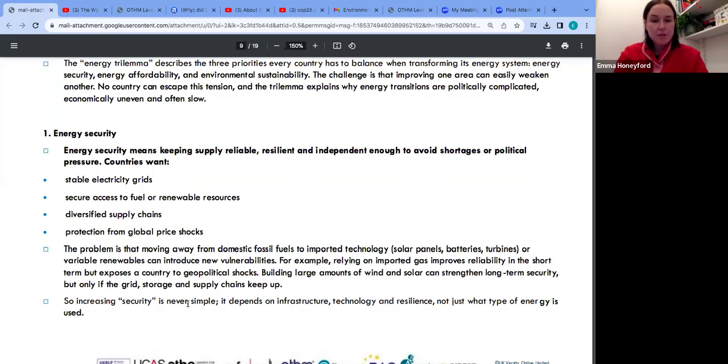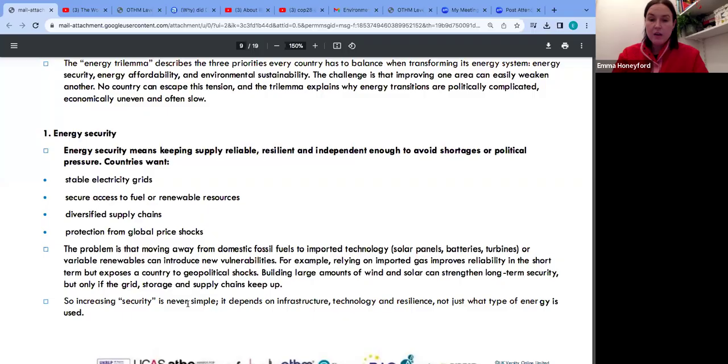The problem is that moving away from domestic fossil fuel to imported technology, so solar panels, batteries and turbines, or variable renewables, can introduce new vulnerabilities. Relying on other countries can put them at particular risk, especially if there is any political turbulence.